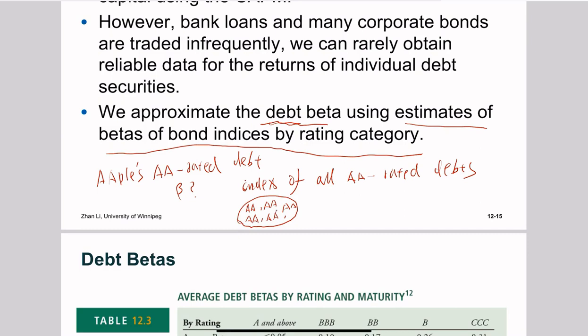So this is a portfolio of AA rated debt from Microsoft, from Google, from Lululemon, from Nvidia, right? So in this case, after getting this bond index, you will calculate this index beta. So you will use this index beta as the beta for this firm's AA rated debt. Right? That's the idea here.